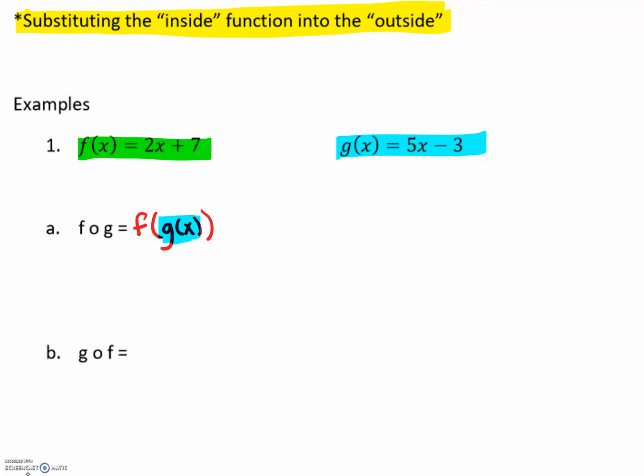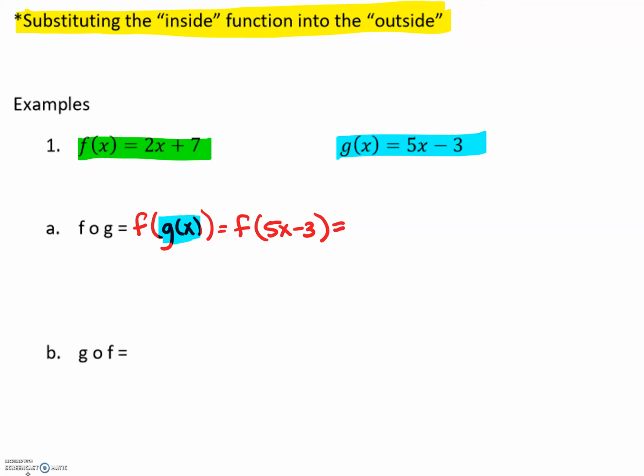What did we say g of x equals? g of x is 5x minus 3. So instead of g of x inside the parentheses, I'm going to replace that with 5x minus 3.